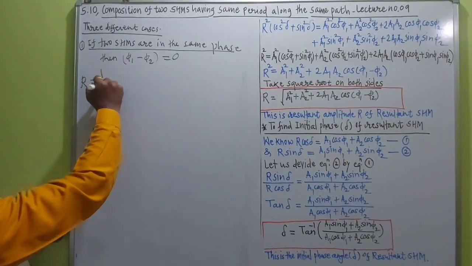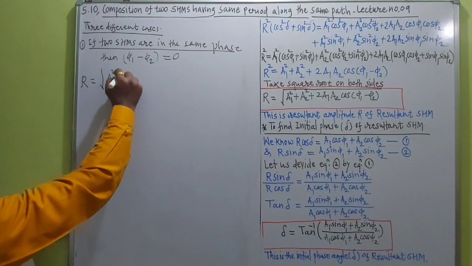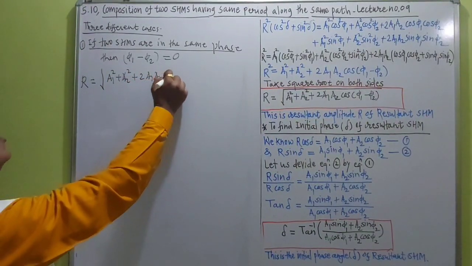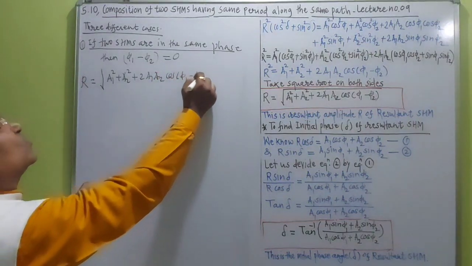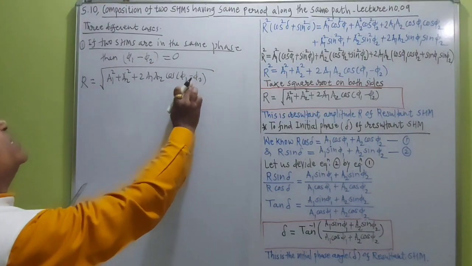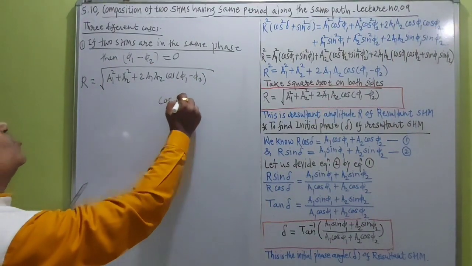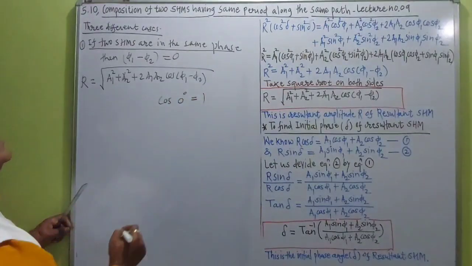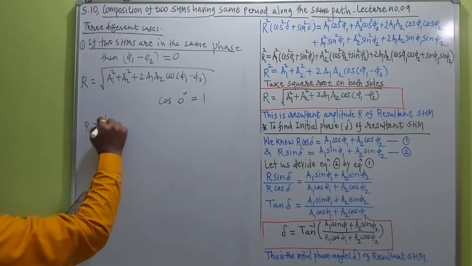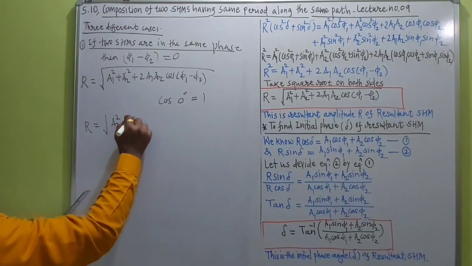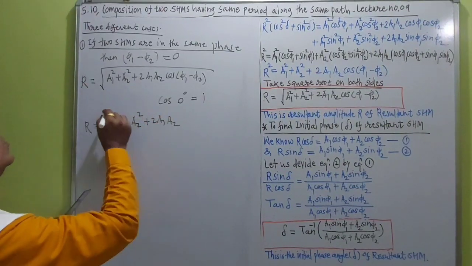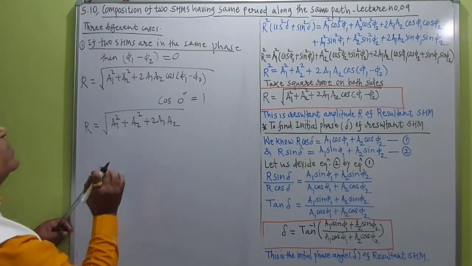Capital R is equal to square root of A1 square plus A2 square plus 2A1 A2 cos of phi 1 minus phi 2. Cos of phi 1 minus phi 2, that we get what? Cos of 0 degree, and cos of 0 degree is equal to 1, and therefore capital R is equal to square root of A1 square plus A2 square plus 2A1 A2, and this is the square of A1 plus A2.